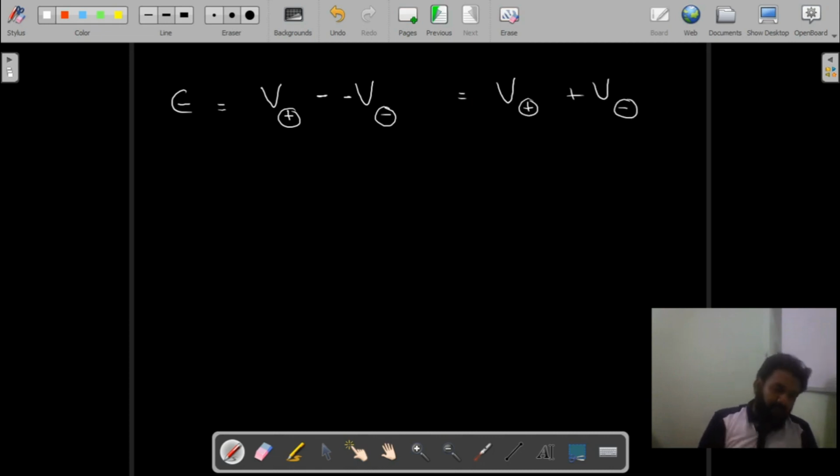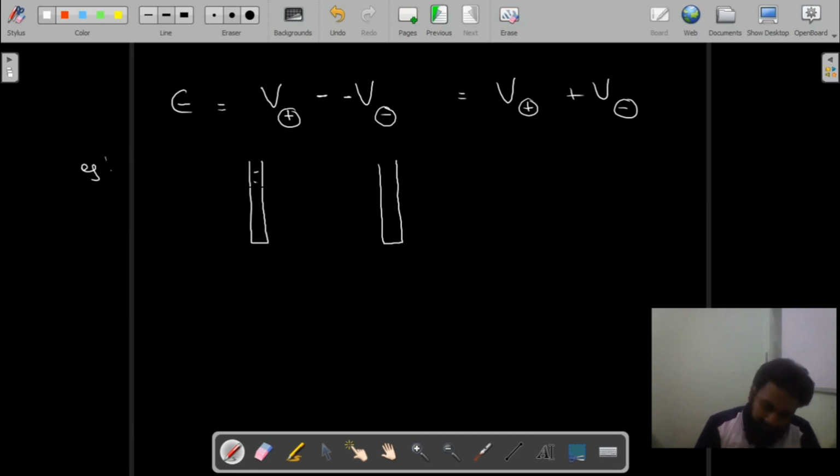This is the standard reduction potential and standard oxidation potential, which you have studied in chemistry. For example, I will show using electrodes. Suppose this is a negatively charged electrode; when we say its potential, we will say minus 3 or minus 4 or minus 5, something like that. Here the magnitude is 3, but its sign is minus because it is at a negative potential.